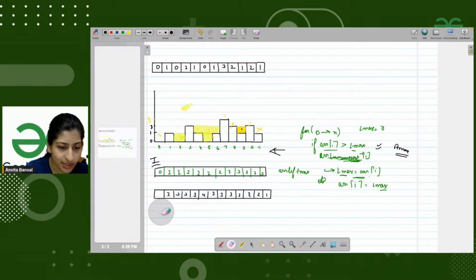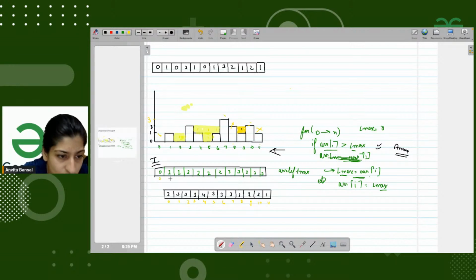Let me check if all the indices that I have written are correct or not. So this is 0, 1, 2, 3, 4, 5, 6, 7, 8, 9, 10, 11.